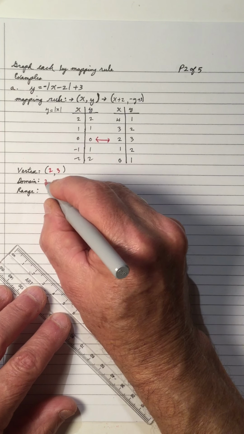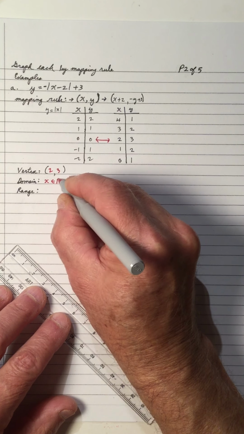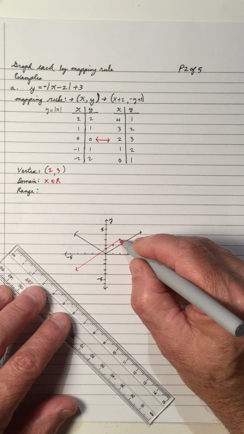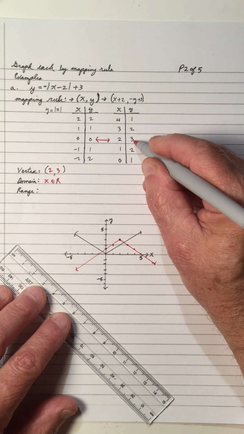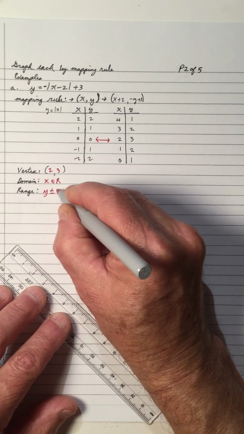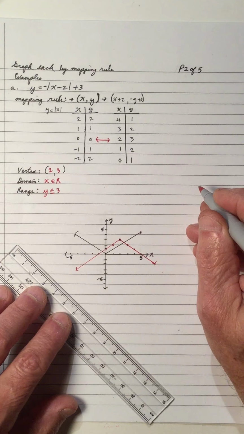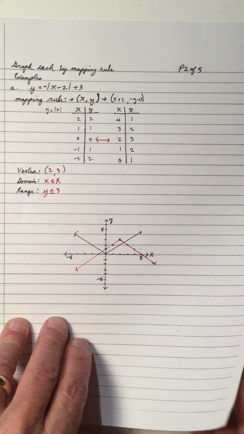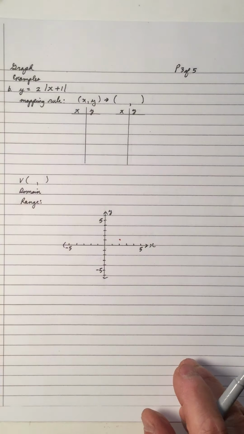And the domain is x belongs to the reals. And the range, notice the y values are coming down. The highest y value is 3 and they're coming down. So y is less than or equal to 3. Okay, we're graphing it by the mapping rule.